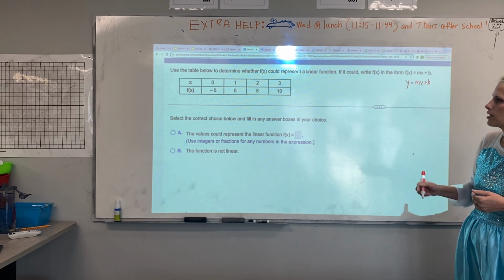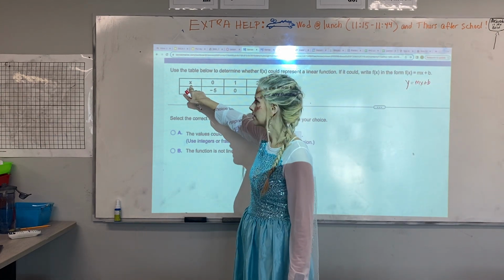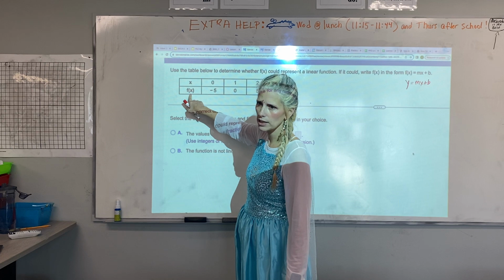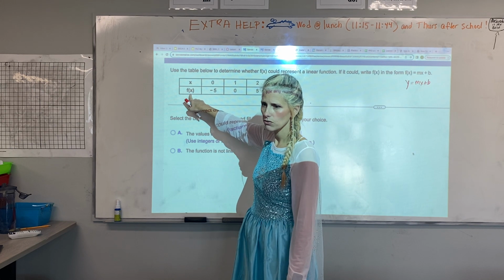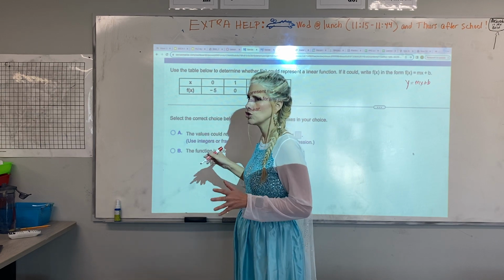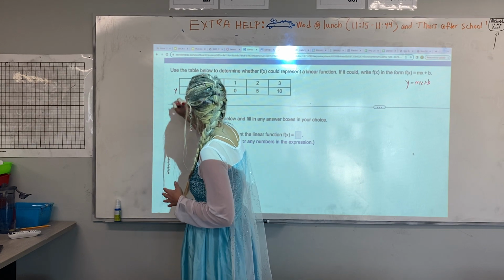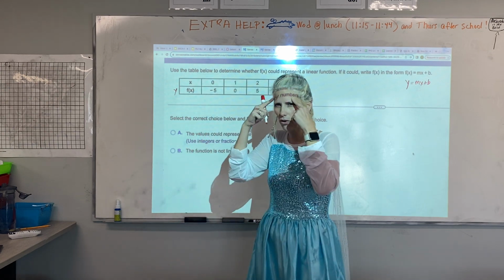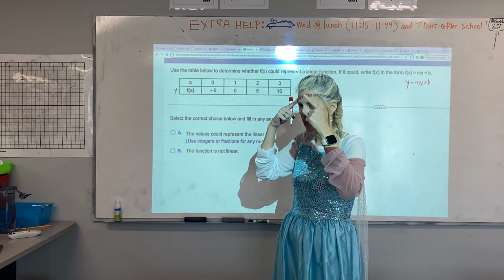Now, let's look at our table. Remember, if this is x, we know it's x. If this has f of x, what does it really mean? It means y, right? And you don't have to change this. I'm not going to cross it out. I'm just going to show that, just a hint to myself, because we always think of a coordinate pair on a graph as the x and y value.